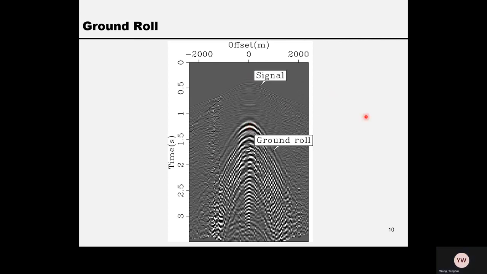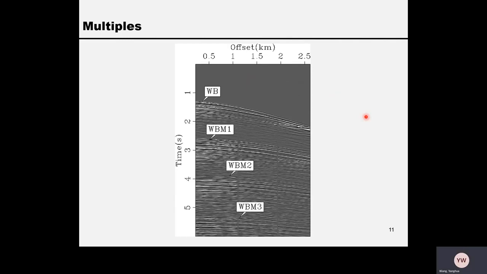This is a marine data set. At 1.2 or 1.3 second there's a water layer, water bottom refraction, and at double that, at 2.6, we have a first order multiple, at 3.9 a second order multiple, and so on and so forth.